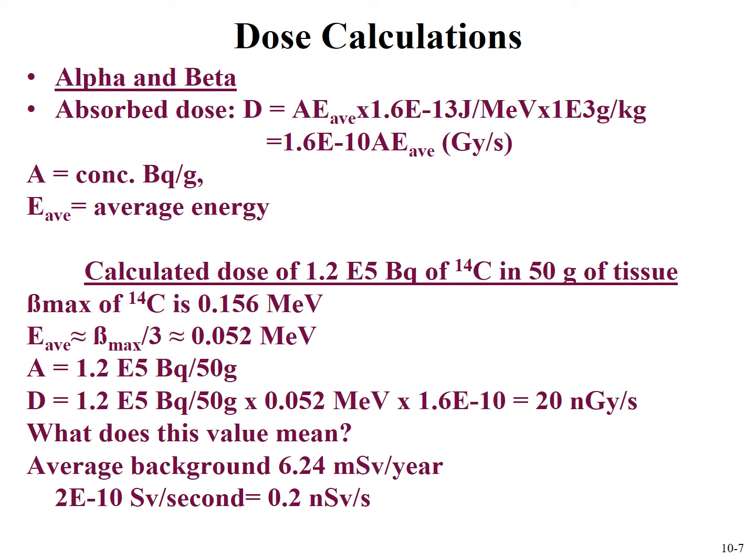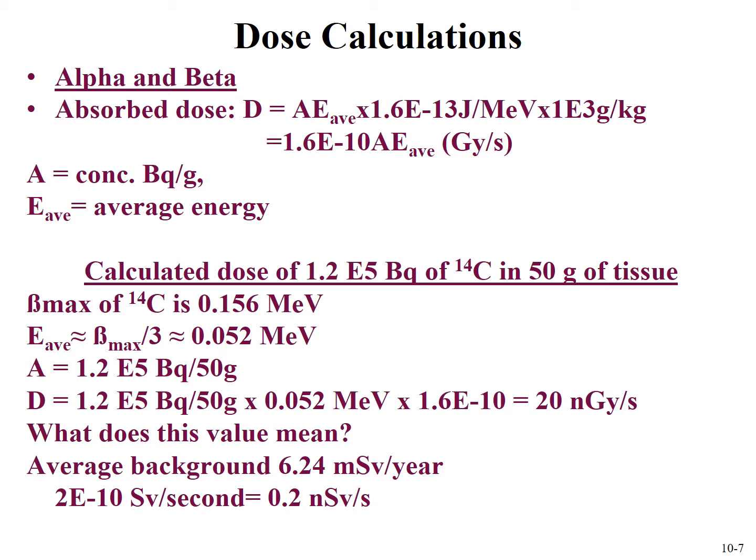So we can show how this would work. Imagine a calculated dose of 1.2 times 10 to the 5th becquerels of carbon-14 in 50 grams of tissue. Beta max for carbon-14 is listed here, 0.15 MeV. The average energy is 1/3 of that, so about 0.052 MeV.